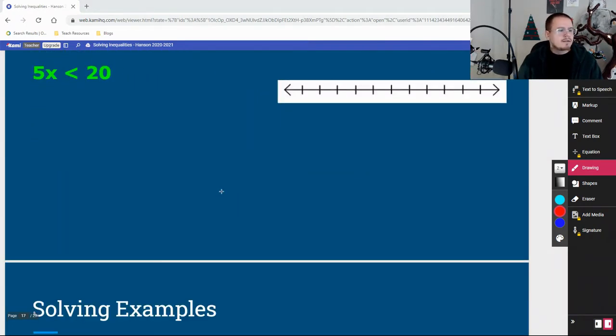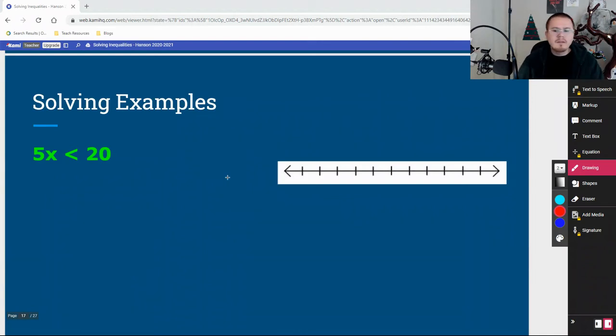All right, I'm trying to go through all the different types of solving. So 5x less than 20: we have to get the x by itself, so we divide by 5. That's the inverse of multiplying by 5. So x is going to be less than 4. The possible solutions would be anything that is less than 4. So not 4, but 3.9, 3, 1, -2. All those numbers, I could do -2.7.